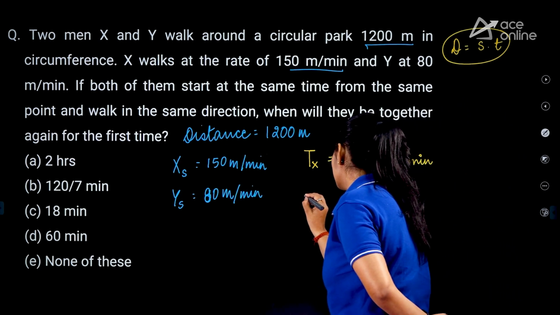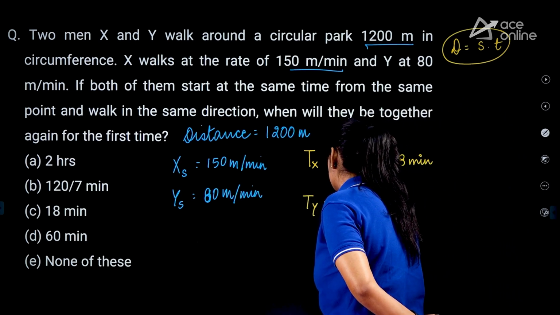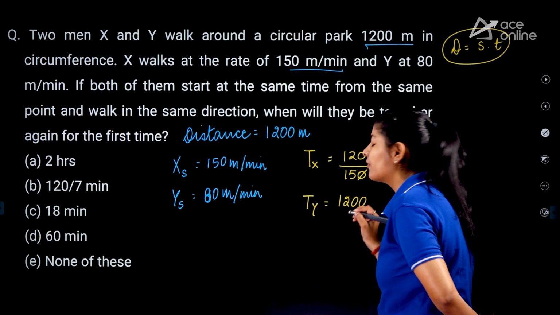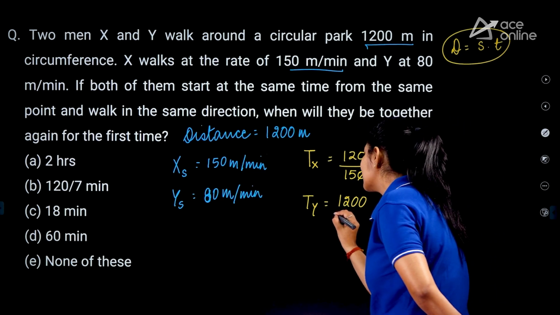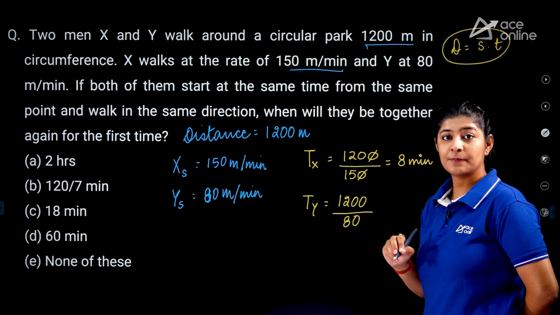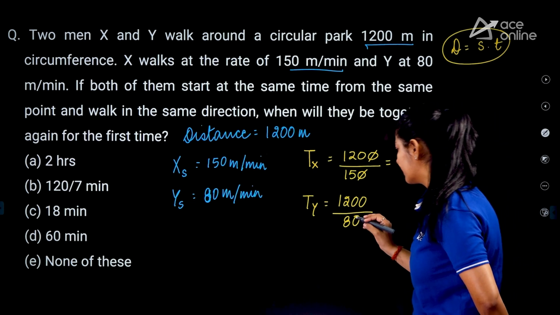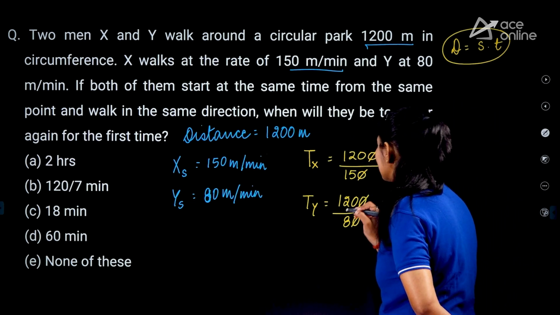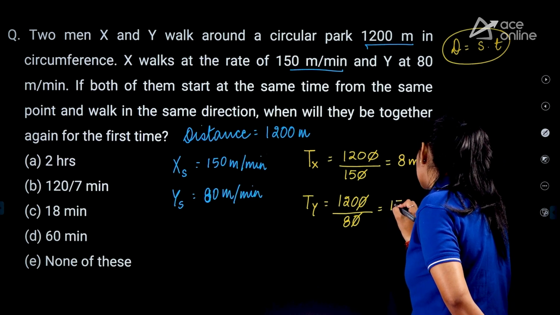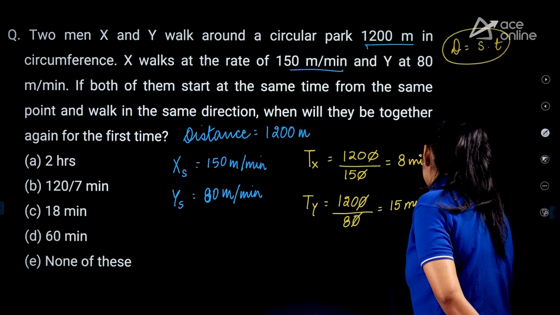Similarly, we will find the time period for Y also. So again, he has to cover the same distance of 1200 meters, but the speed is 80 meters per minute. Now, again, this 0 and this 0 are eliminated.